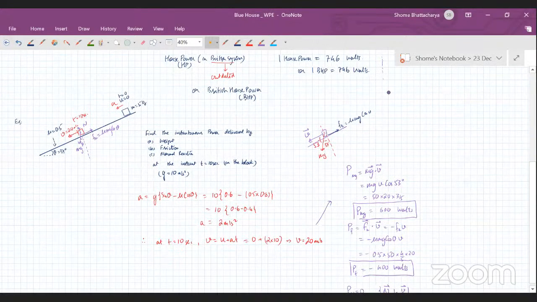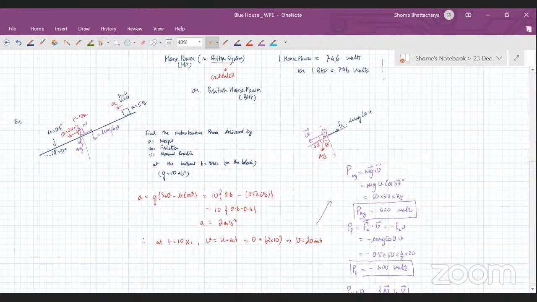This is the part about horsepower. So horsepower is the same thing as British horsepower.